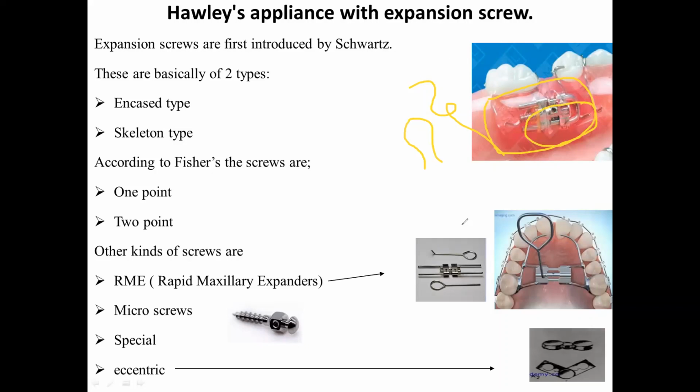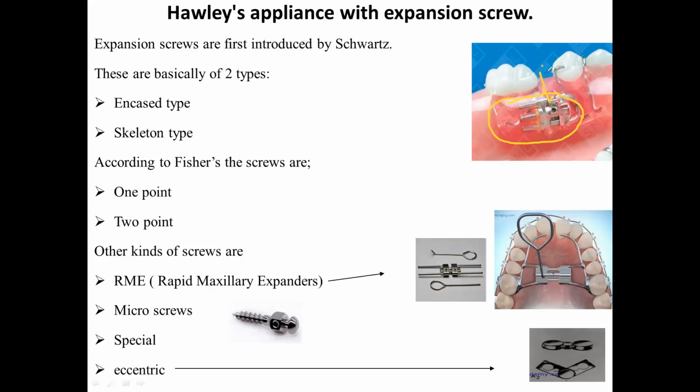These are more effective than finger springs or double helical springs or dumbbell springs. These appliances have more effect, because with the screw the activation is more and we can achieve the results quite early.